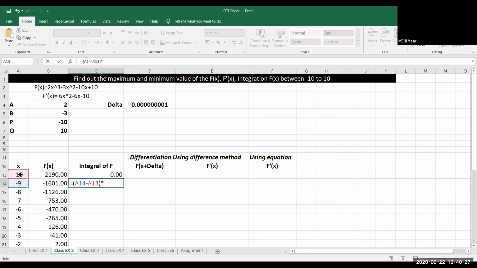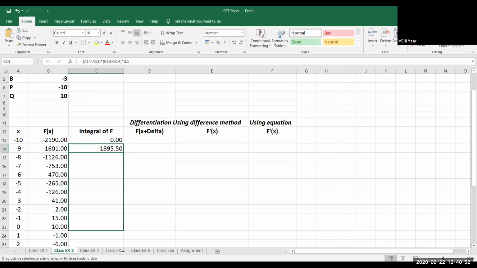So FA is this one plus FB is this one, like in the previous example, divided by 2. So I am multiplying with 0.5. Then we'll get the result. You have to drag it down; the same formula will be for all cell values.